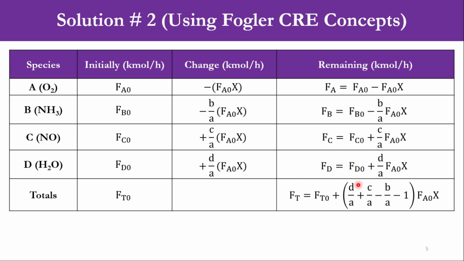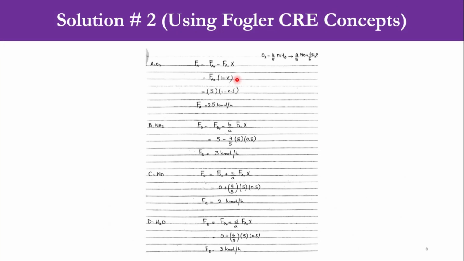And obviously you can sum all of these and do some calculations, but that is not part of today's lecture. Coming to the manual calculations, FA is equal to FA0 into (1 minus X). The inlet molar flow rate of oxygen is 5, conversion is 0.5, so accordingly we get the molar flow rate of oxygen at the outlet of the reactor as 2.5 kmol per hour.